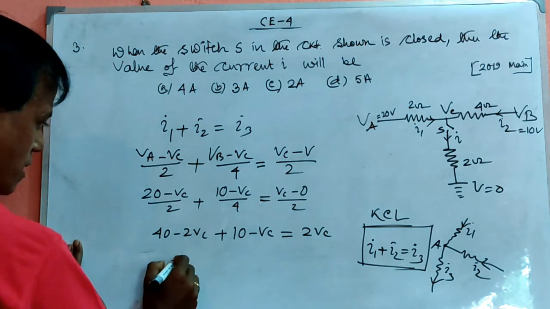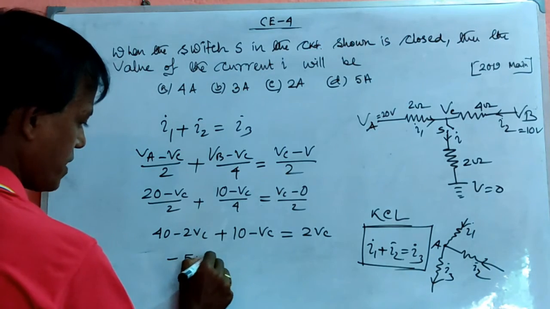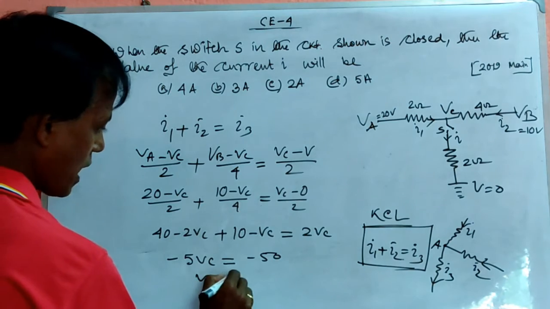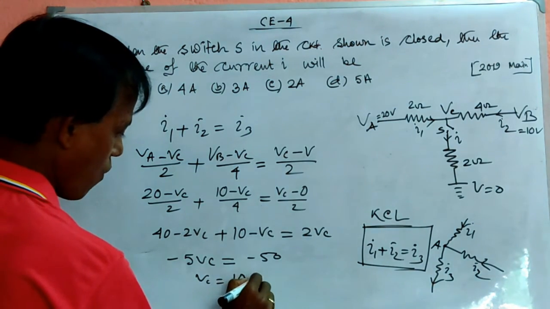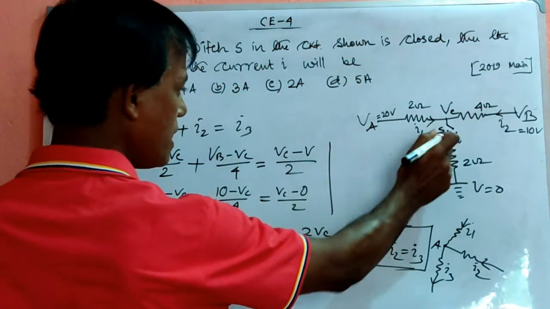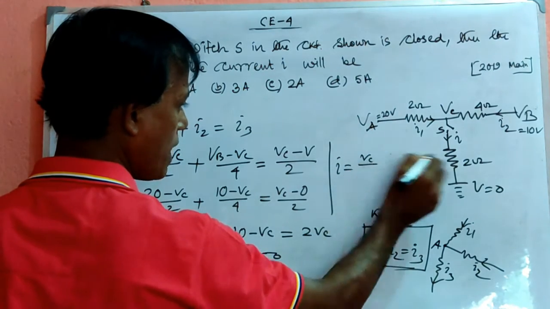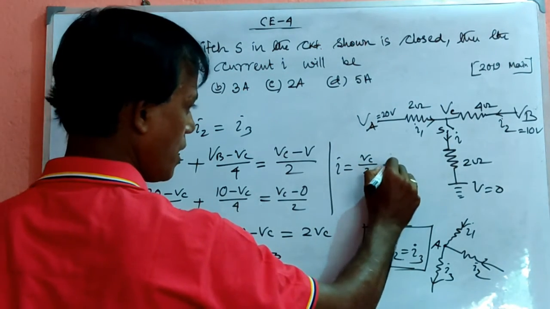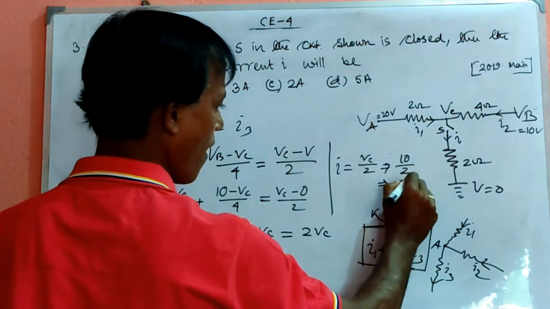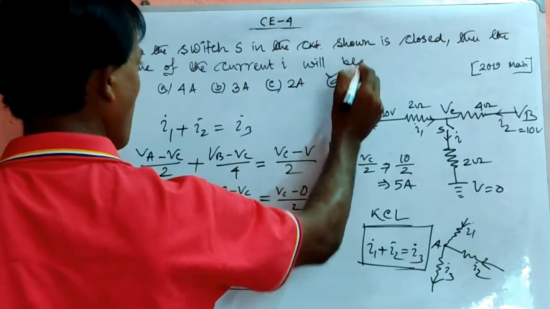If we calculate, minus 5VC is equal to minus 50. So VC is equal to 10 volt. If VC is equal to 10 volt, then the current I is equal to VC by 2. It comes 10 by 2, it comes 5 ampere. So the right option is D, 5 ampere.